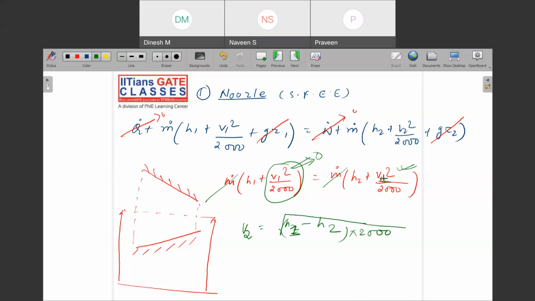Yeah, V2 is square root of, see if you are not getting it, let me help you with one more step. Can I write down that H1 is equal to H2 plus V2 square by 2000. So V2 square by 2000 is equal to H1 minus H2, then V2 square is H1 minus H2 into 2000.